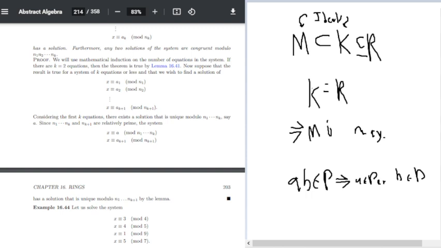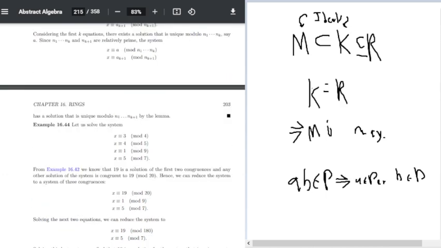Since n1 times all the way to nk, and nk plus 1 are relatively prime, the system x is congruent to a mod n1 times all the way to nk, and x is congruent to ak plus 1 mod nk plus 1, has a solution that is unique modulo n1 all the way to nk plus 1 by the lemma. So we basically use the previous solution to reparameterize it in terms of two separate equations.